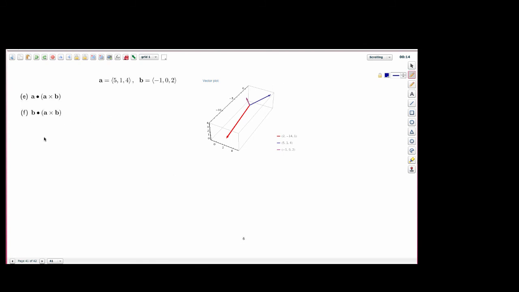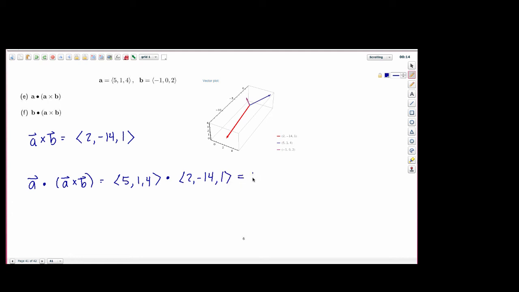So remember for A cross B, I'm not going to redo it, we already did this one. For A cross B, remember we got 2, minus 14, 1. So now let's do the dot product of A with A cross B. So A was 5, 1, 4, dotted with 2, minus 14, 1.